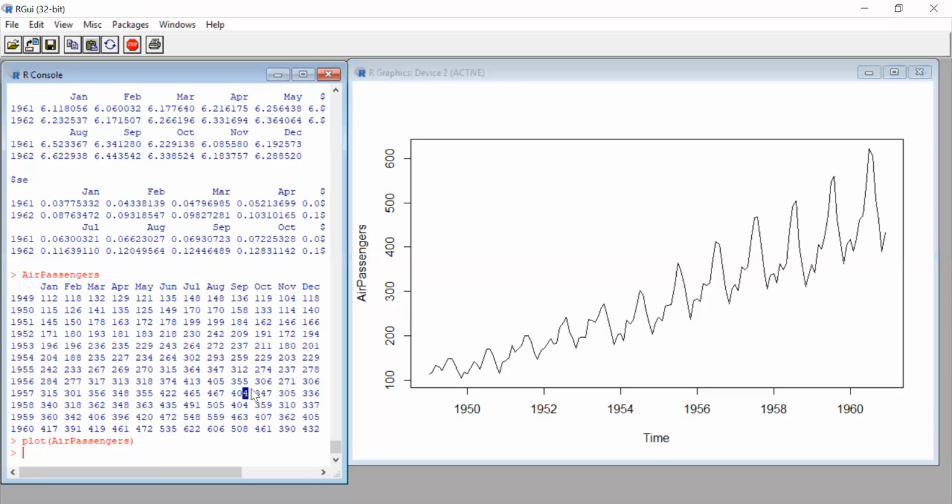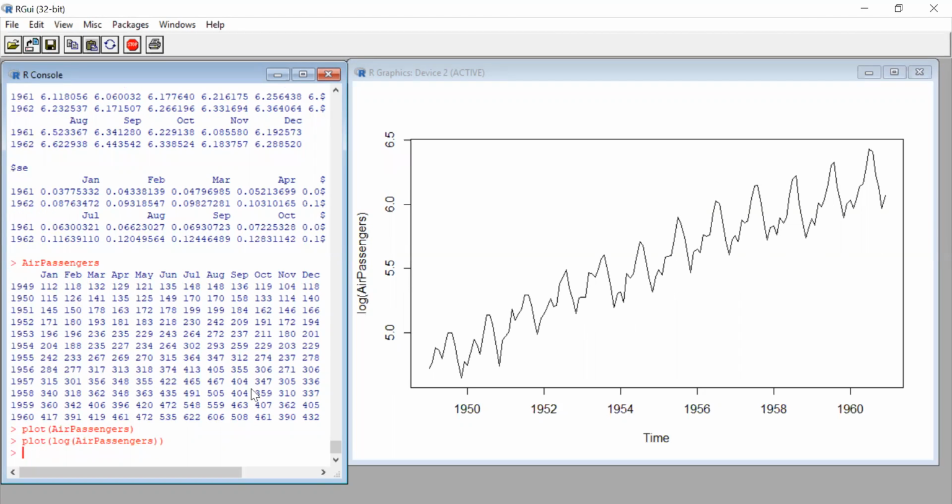So first, we need the log transformation because of the non-constant variance. So let me take the log transformation. Yeah, it is much better. It's a linear increase in the number of passengers, and I can see the constant variance.